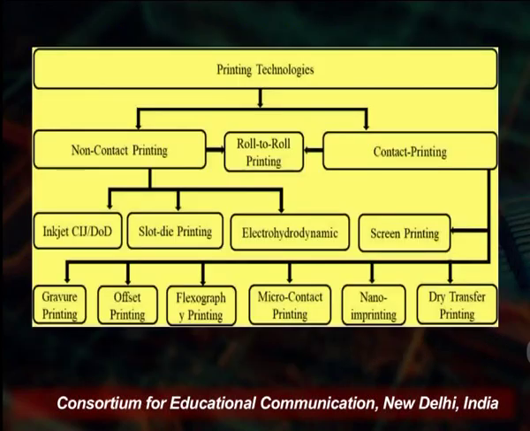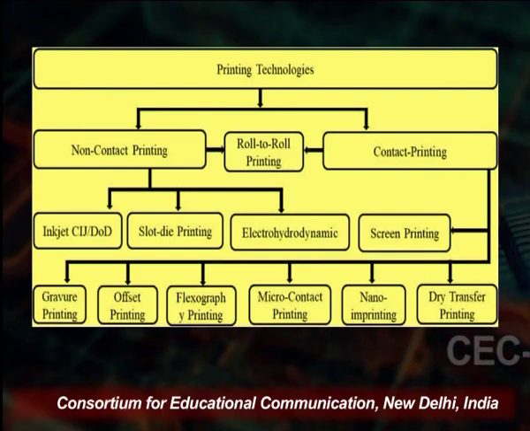You can see the chart where the printing technologies are divided into two: non-contact printing and contact printing. Roll to roll printing sits in between, and moreover these two are also divided into various types. Non-contact techniques include inkjet, slide printing, electrohydrodynamic printing, and screen printing.